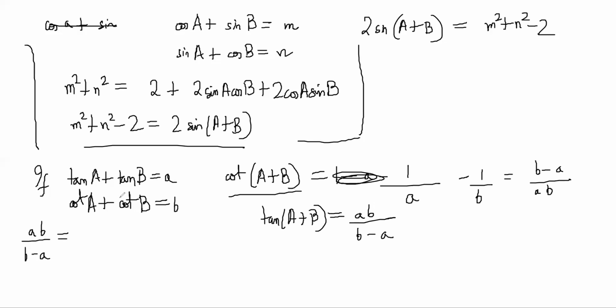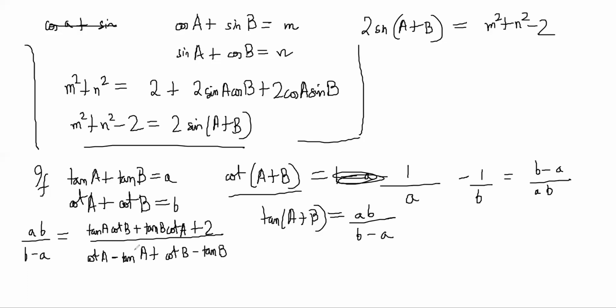Multiply ab, so tan A cot B plus tan A cot A plus tan B cot B plus tan B cot A, by (b minus a), which is cot A minus tan A plus cot B minus tan B. Convert everything to tan, everything in tan.